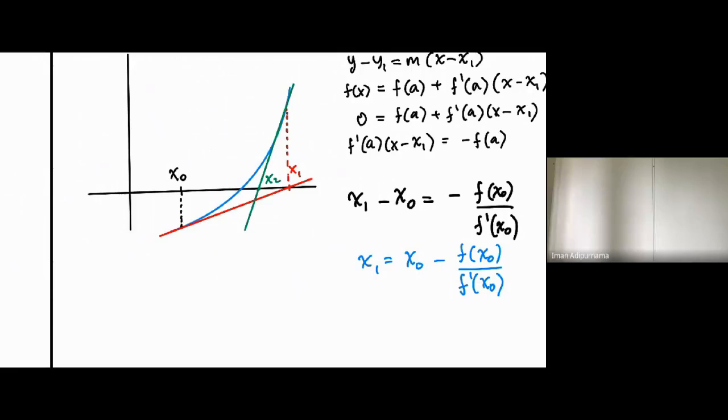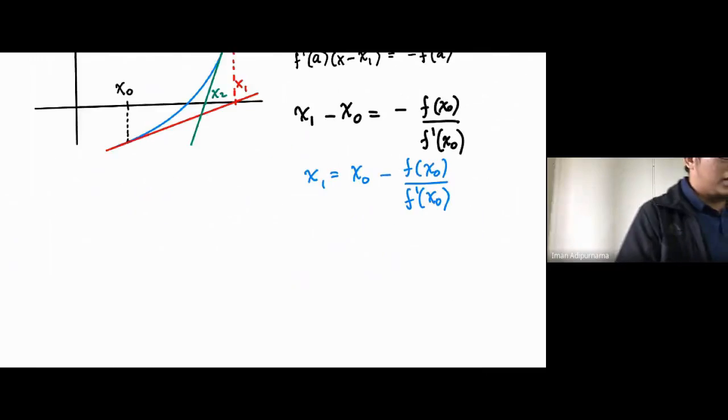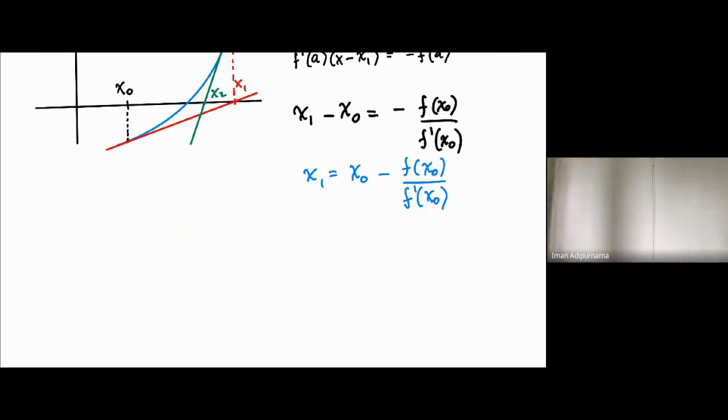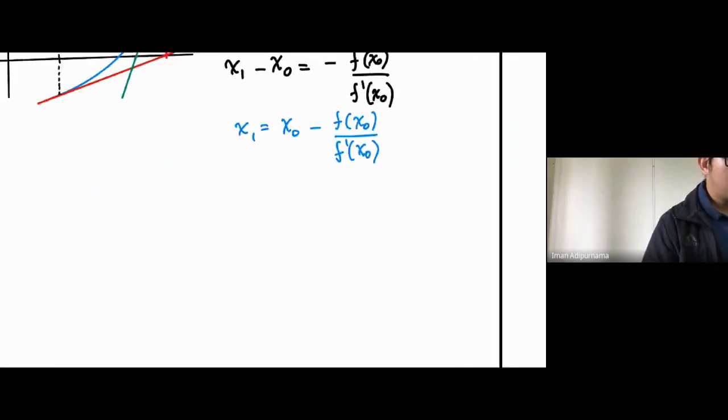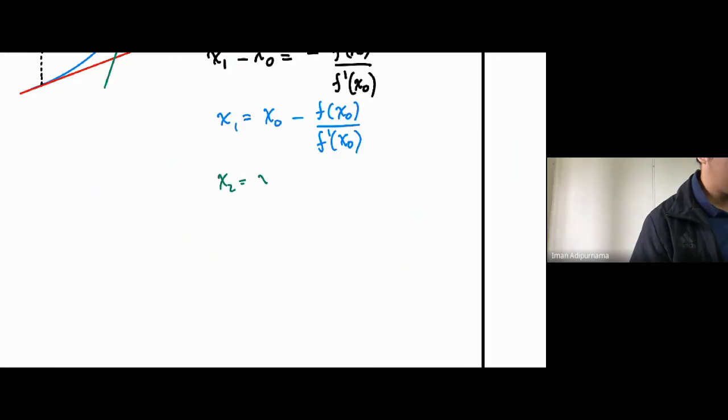Some software will use this kind of logic to get the roots, and it will be repeatable. So this x1, the next one is x2, this is x1, and then all change to x1. And if you need more, x3, it becomes x2. I think that should make sense, right?